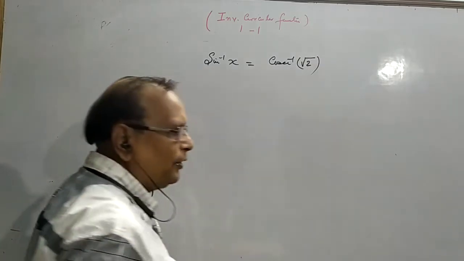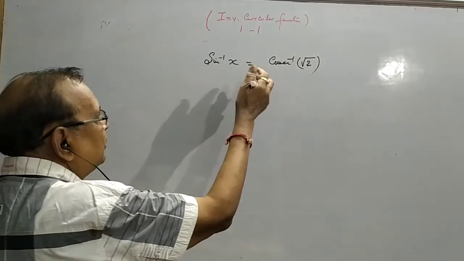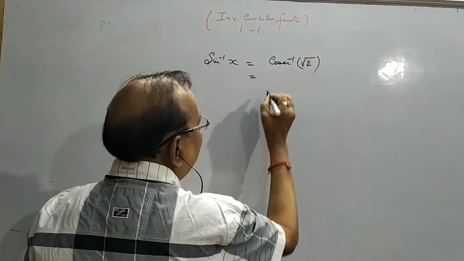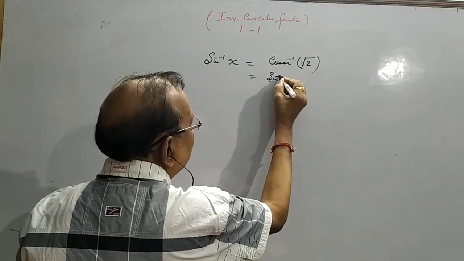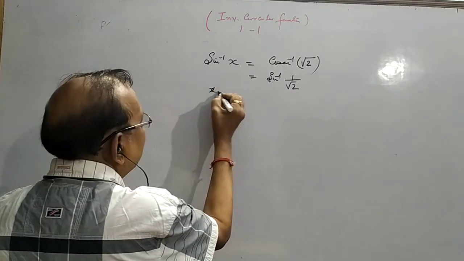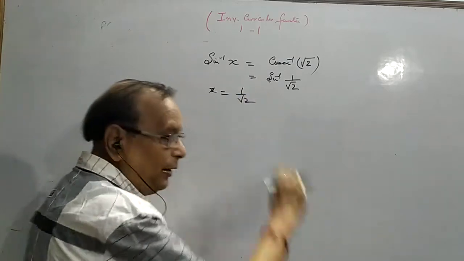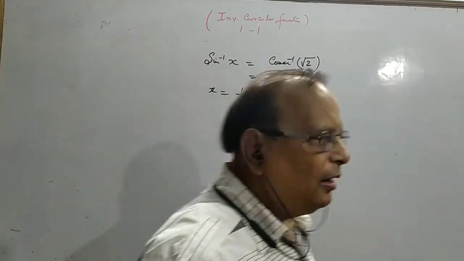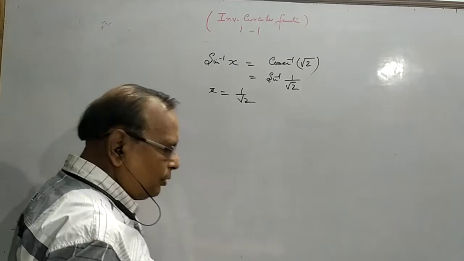What is the value of x? Now convert this in sin inverse. That is sin inverse 1 upon root 2. Here x is equal to 1 upon root 2 by comparing. Similarly, we will get cos and sec.